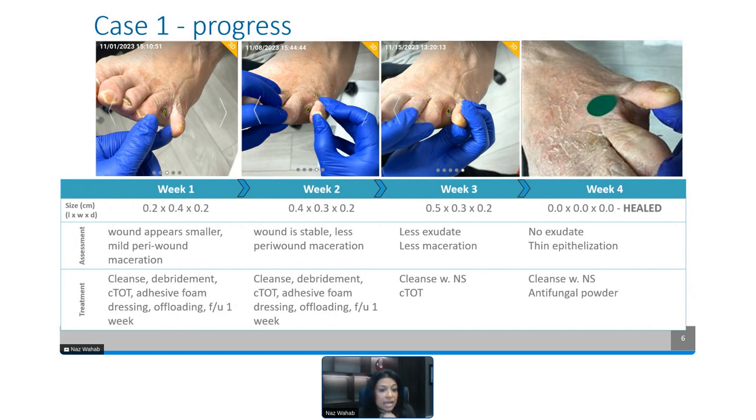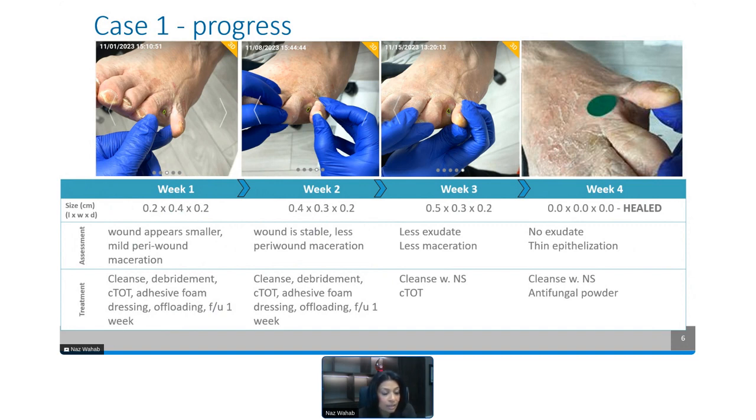Unfortunately and fortunately, his wound was so small that he didn't qualify for a CAMP. So we started using topical oxygen thinking the wound might get larger post-debridement.